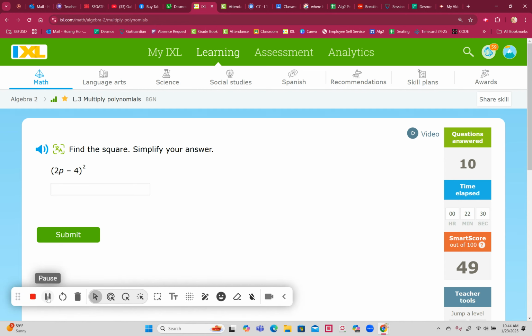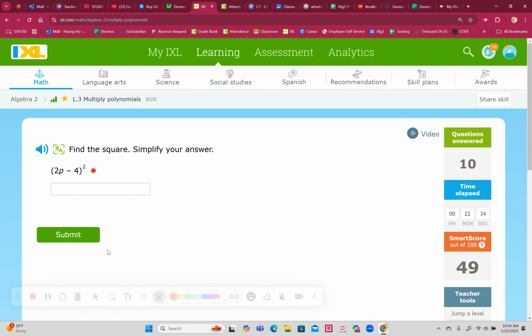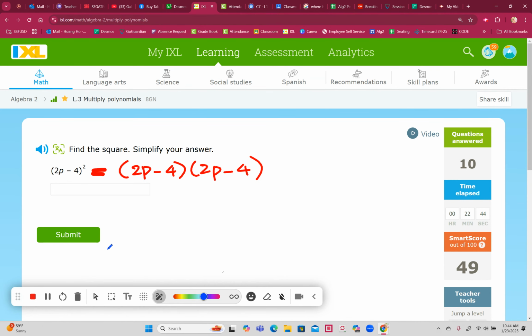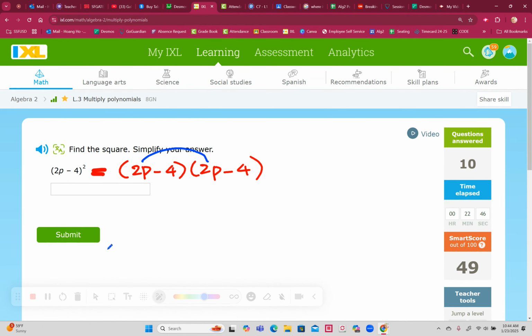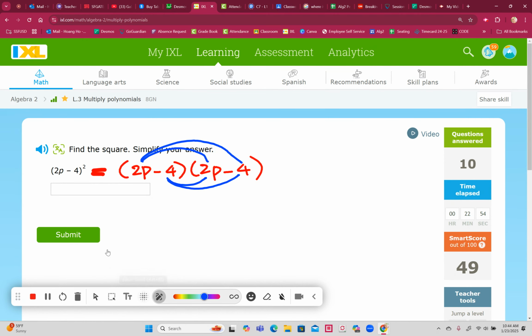So now this is a square, so I can write this one as 2p subtract 4 times 2p subtract 4. Okay? So I multiply 2p with 2p times negative 4. When I'm done, I move on to negative 4. Alright, pay attention to the negative side.